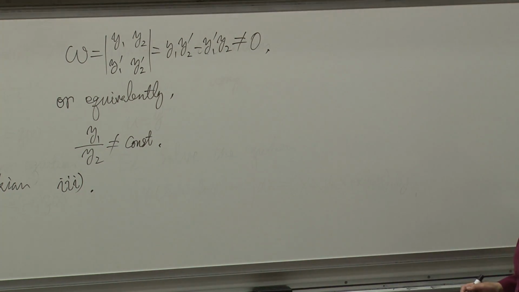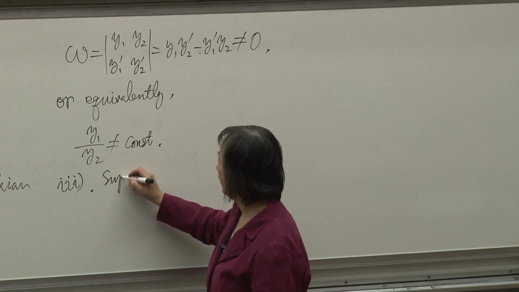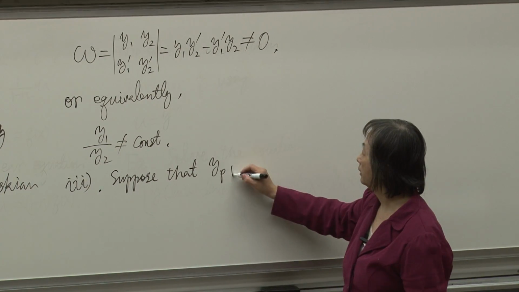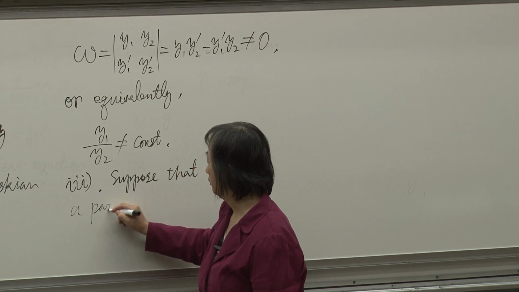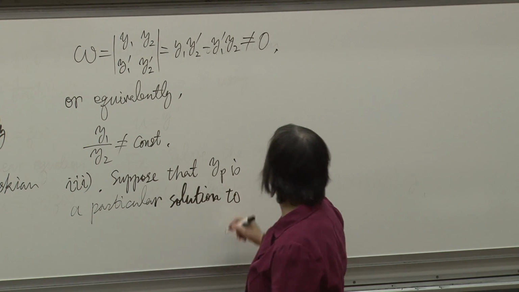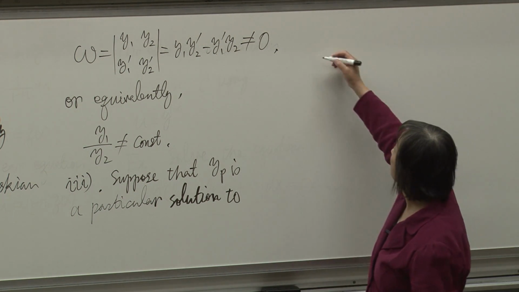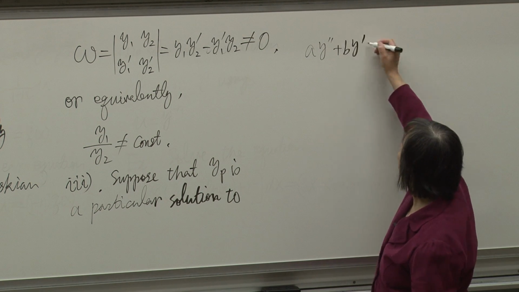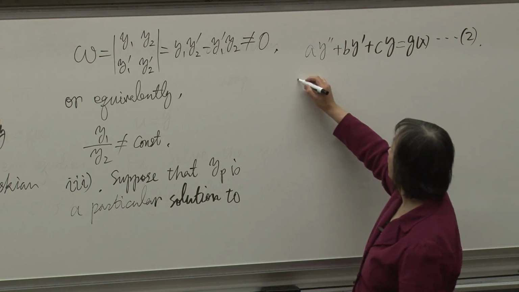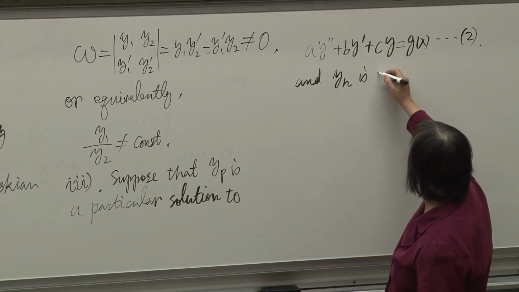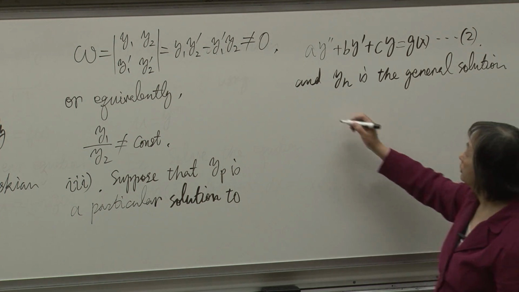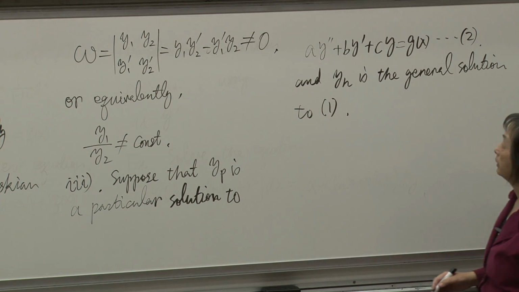Now, the third property. Suppose that yp is a particular solution to the non-homogeneous equation a y double prime plus b y prime plus c y equal to g of x, denoted by 2, and yh is the general solution to the corresponding homogeneous equation 1.